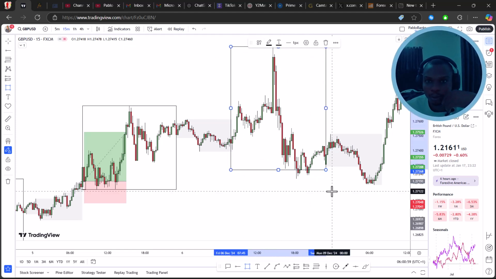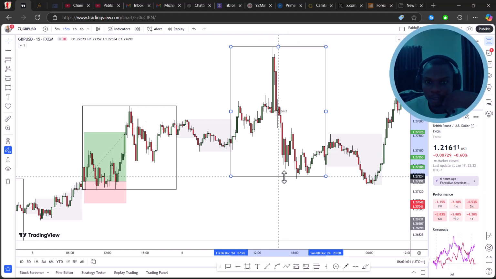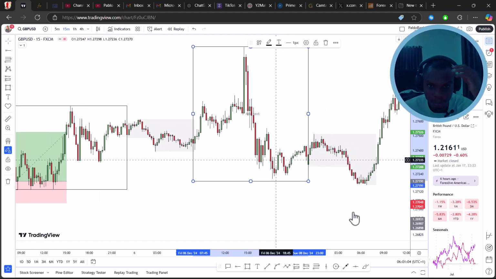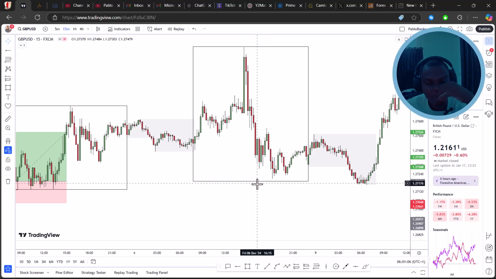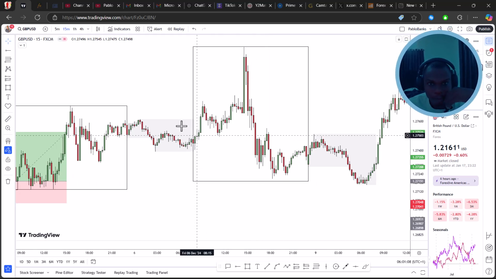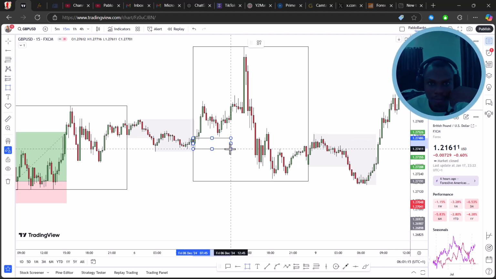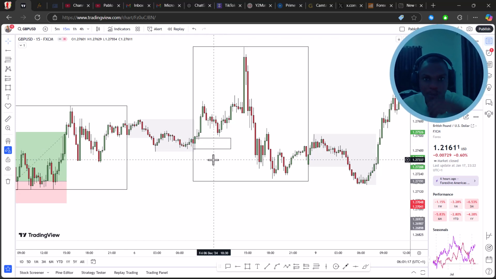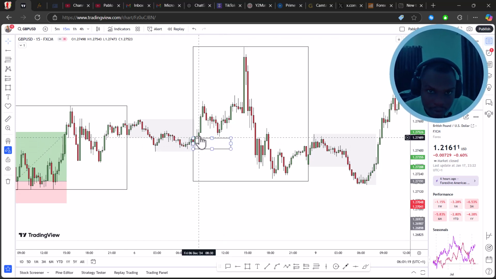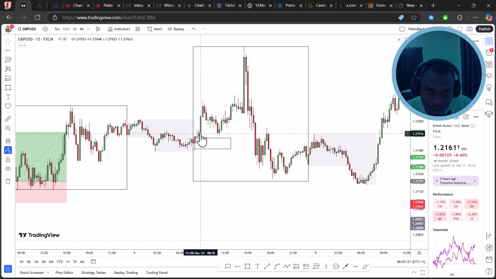Yeah. So moving on to here. What I want to explain again is, when price does something like this, breaks this kind of structure, and has this point of interest, it's a very risky point of interest. Because look at when the break of structure happened. It broke this high at 8:45.